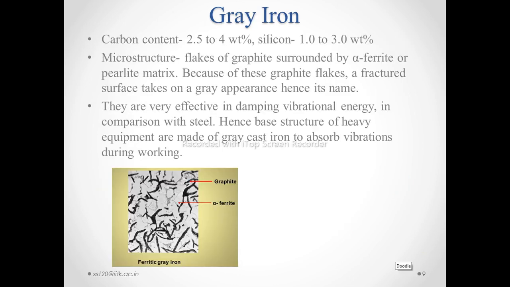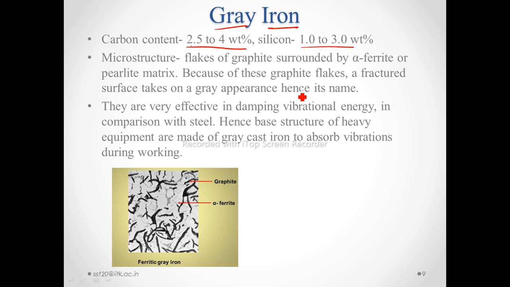So the next class of cast iron is gray iron. Here the carbon concentration varies from 2.5 to 4 weight% and the silicon is 1 to 3%.